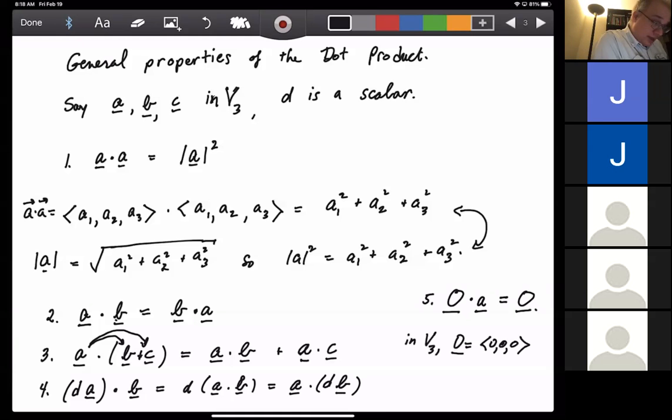So that should make sense. You're just going to get a bunch of terms of the form 0 times a component of A. Each of those gives you 0, the number 0. When you add all those up, you get the number 0, not a vector.